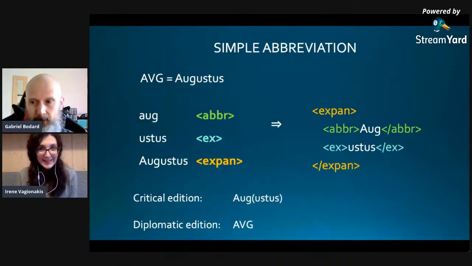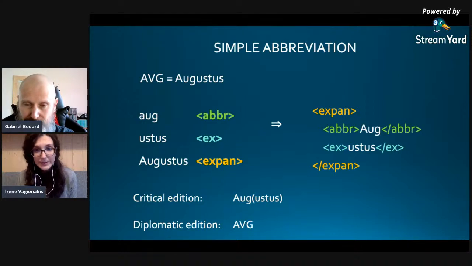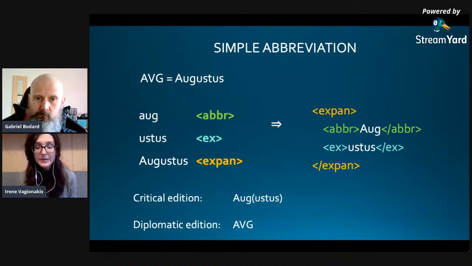So let's consider the same case here. You can see on the right that we have an expan surrounding the entire word, inside which we find nested first the abbreviation, so the abbr with aug, and then the ex element with ustus.